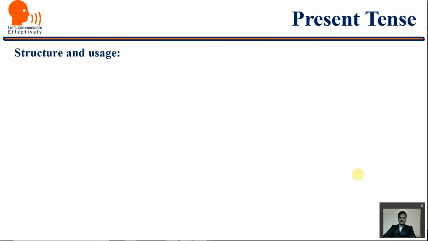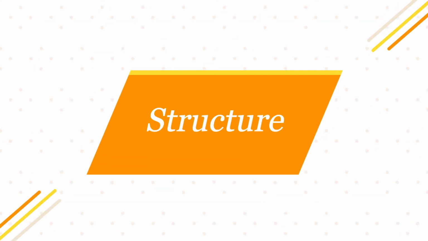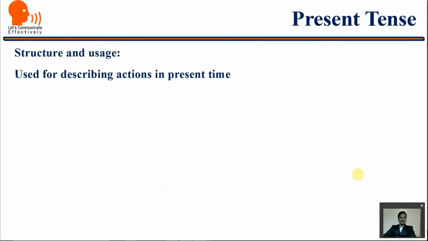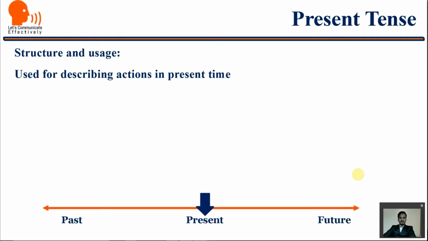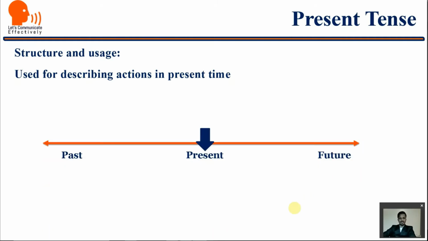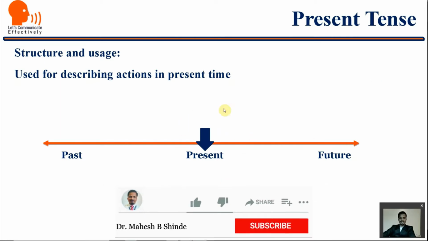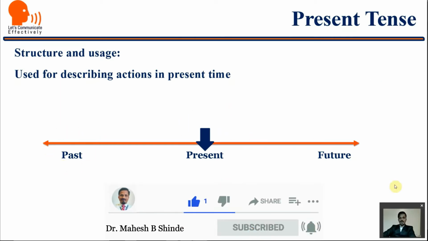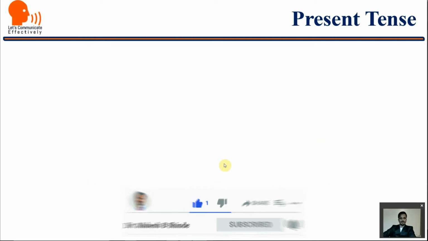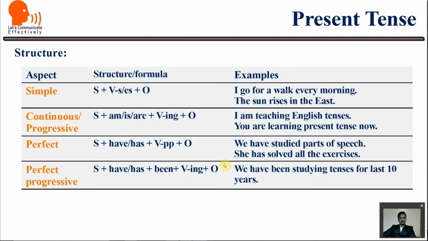Let's begin with present tense, structure and uses. So simply, present tense is used for describing actions in present time. Now, this is the simplest way, I think, to know about present tense. If this is referred to past, this is future, and present is here, the current time. Let's move further. The structure of all tense and aspect in present tense.